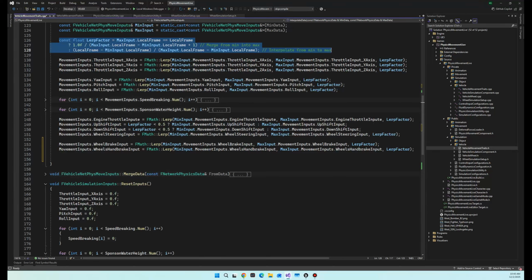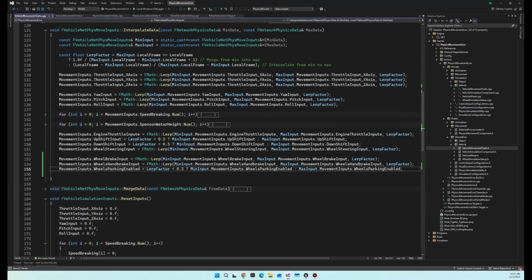We're not going to lerp the Boolean, but we can use the lerp factor to determine whether it's a true or a false. And we're going to do the same thing for the parking brake, if you want to do that for the parking brake or not.